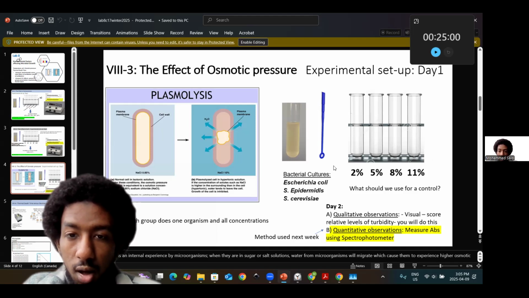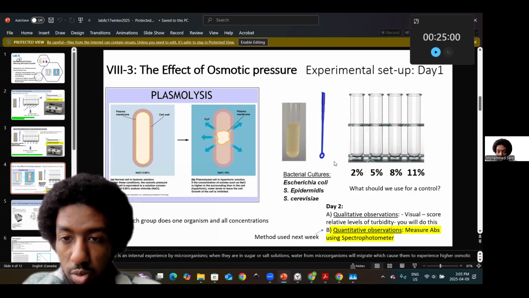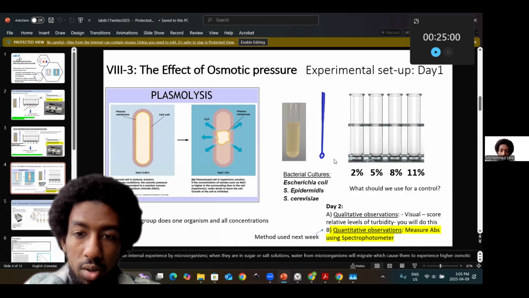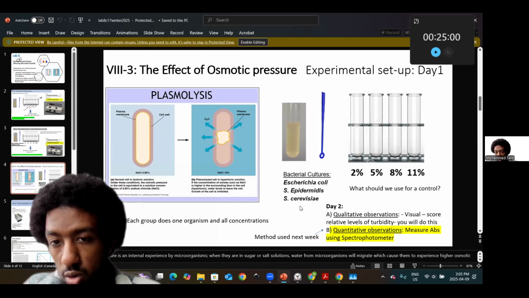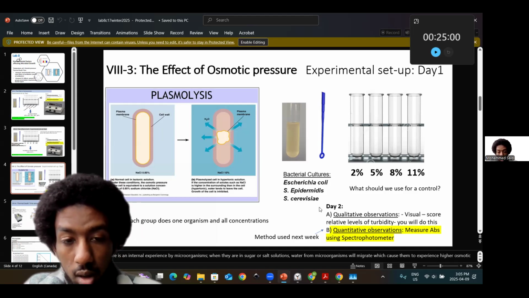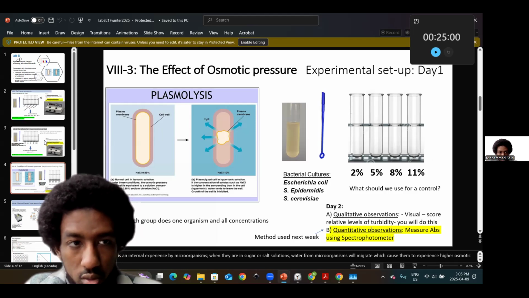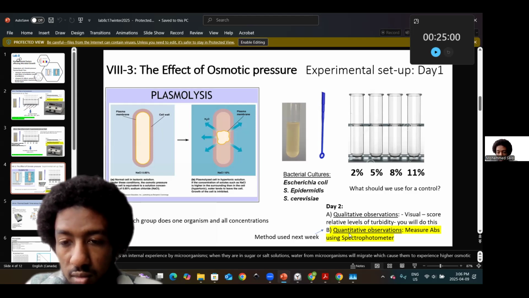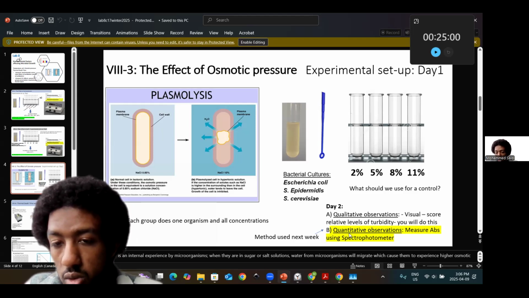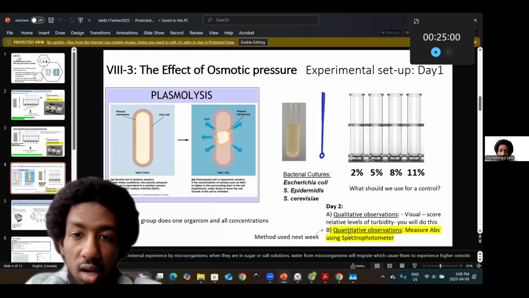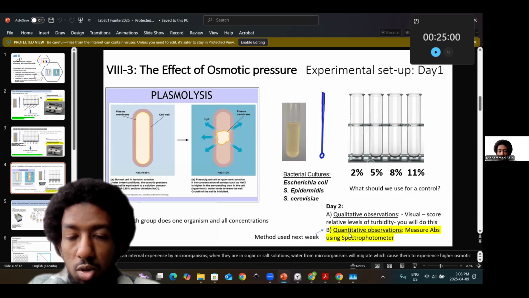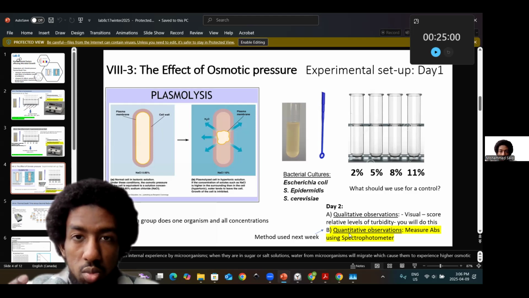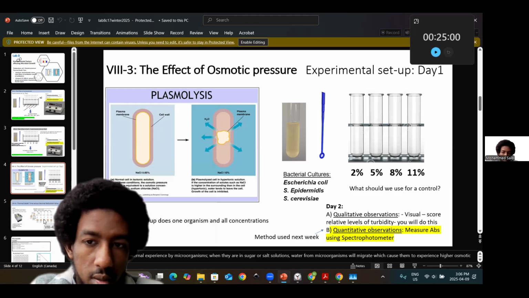One serves as a positive control at 0%, because bacteria could thereby grow, whereas another serves as a negative control wherein there is no bacteria added in, so you expect no growth, and that would reflect a zero reading for qualitative observations. Quantitatively, you would expect your absorbance reading to be similar to the blank, because both would be the same media solution, with equal absorbance readings. So that's something you want to bear in mind.